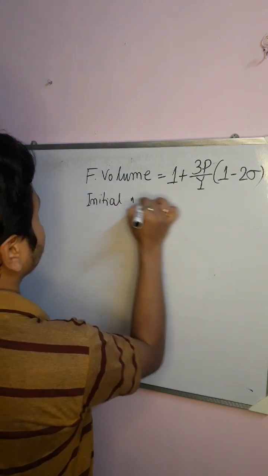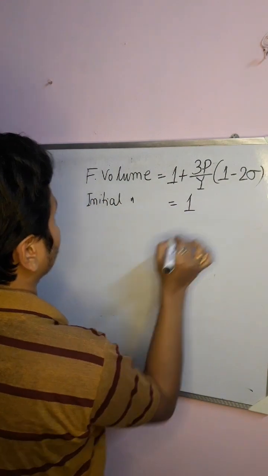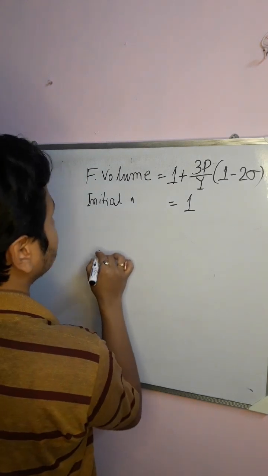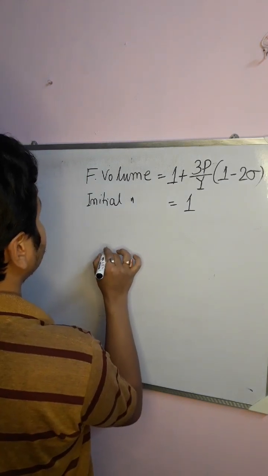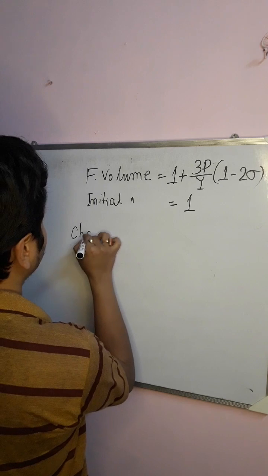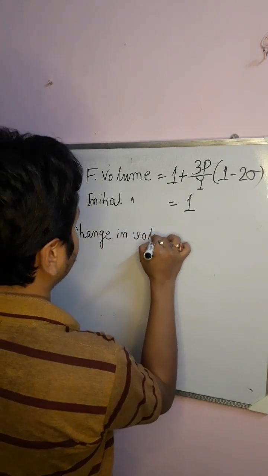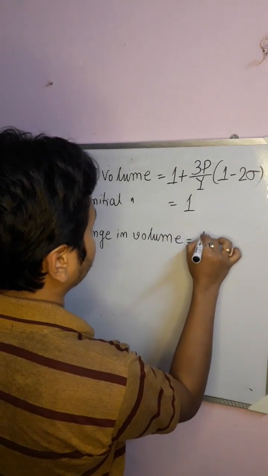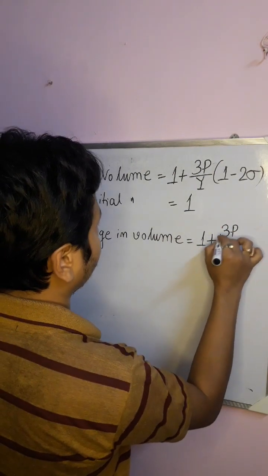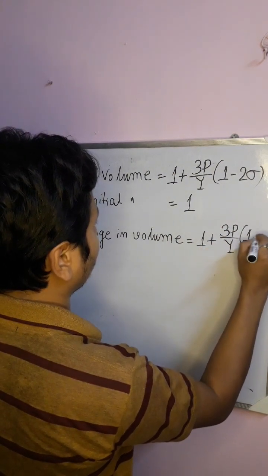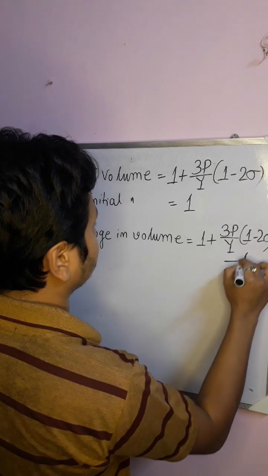and the initial volume is 1. So what will be the change in volume? The change in volume is simply this minus this, 1 plus 3p by y into 1 minus 2 sigma, minus 1.